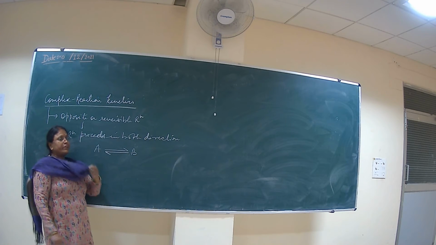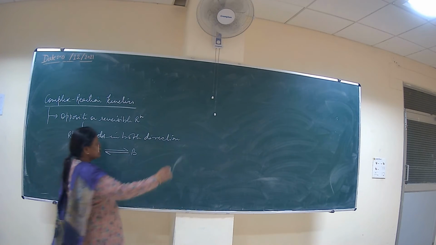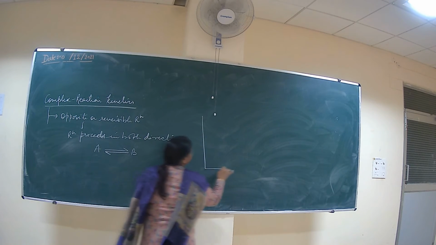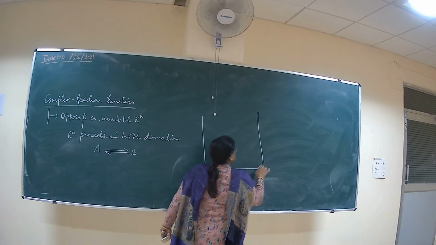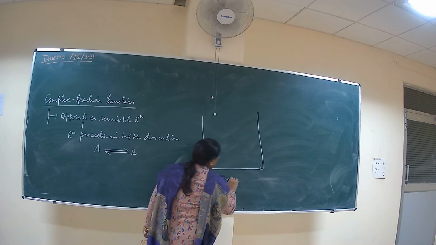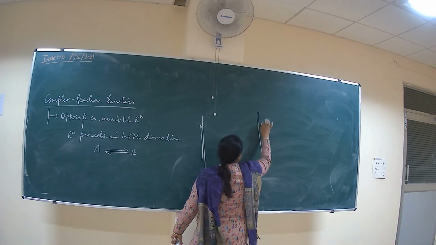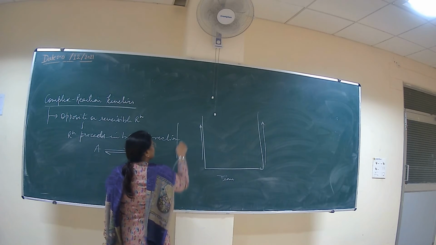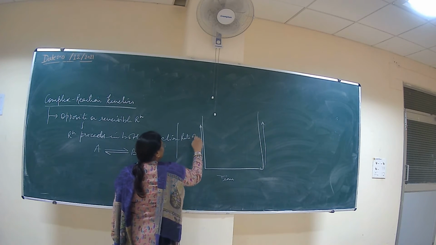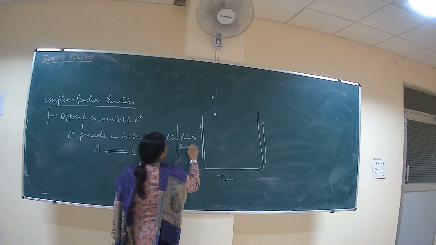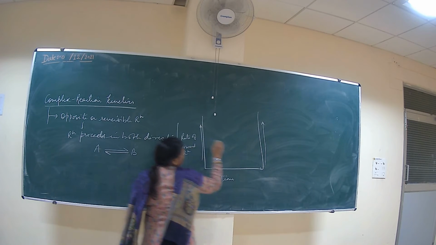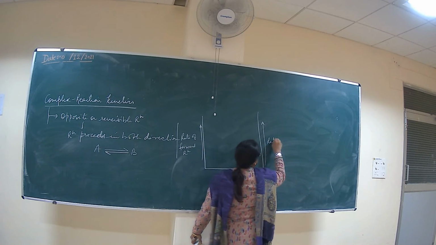Okay. So when we draw a graph for such type of reaction, this is the time, this is the rate of forward reaction, and this is the rate of backward reaction.